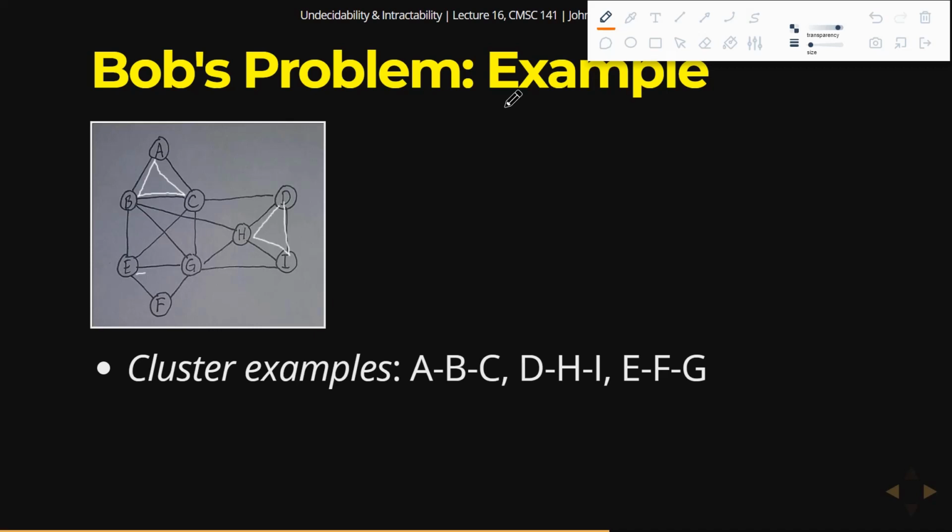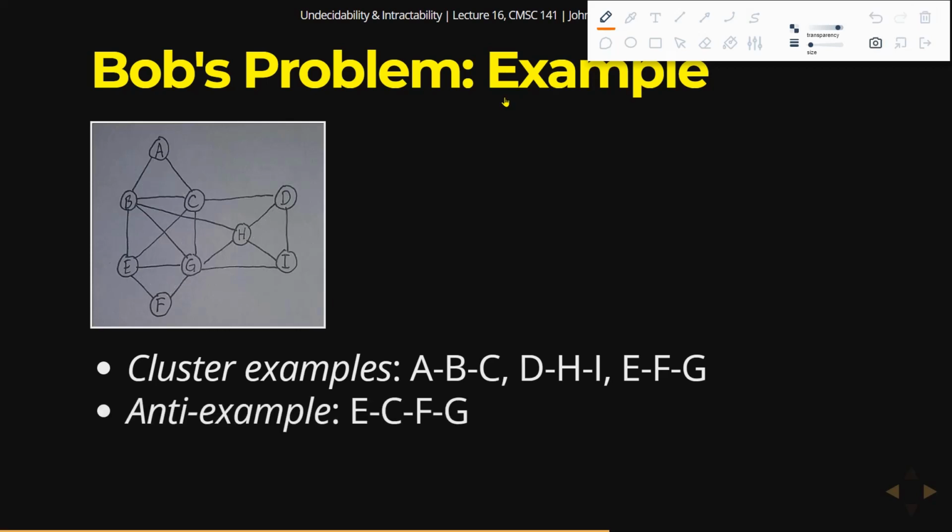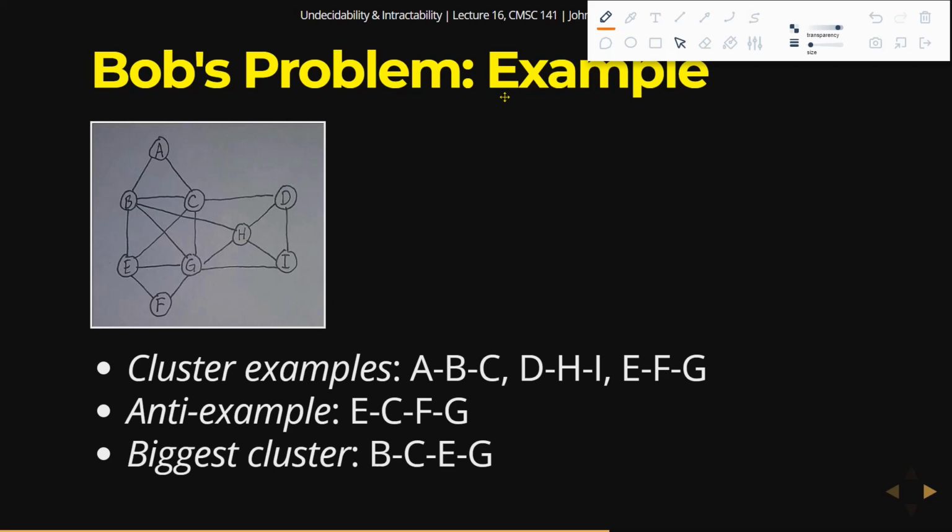Then you also have E, F, G. But is that the biggest possible cluster? Well, the biggest possible cluster has size 4, and that is B, C, E, G. But before that, let me show you a counter example, an example of a non-cluster.